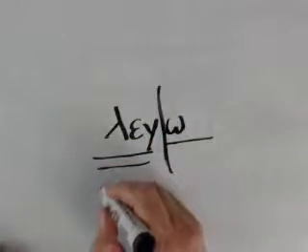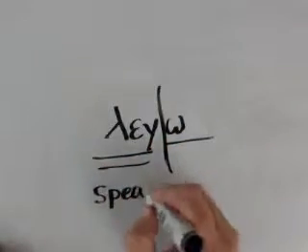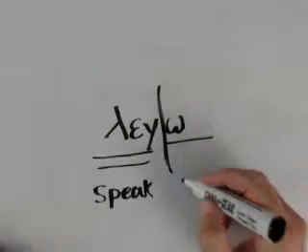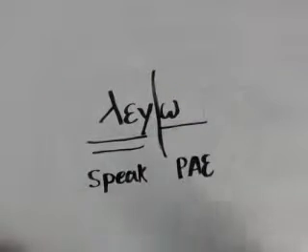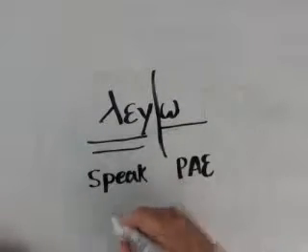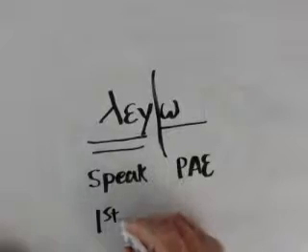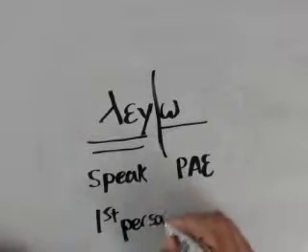So this is speak, the verb speak. And this is a primary active ending. And you would know that it is first person, singular.